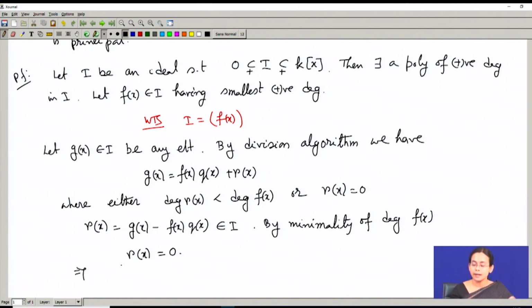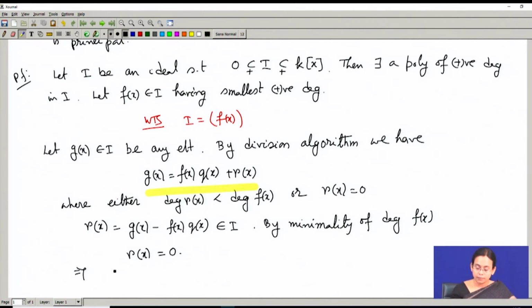This implies that I have written g(x) in this way, where now r(x) is 0, which means g(x) is nothing but a multiple of f(x). Therefore, g(x) belongs to the ideal generated by f(x).